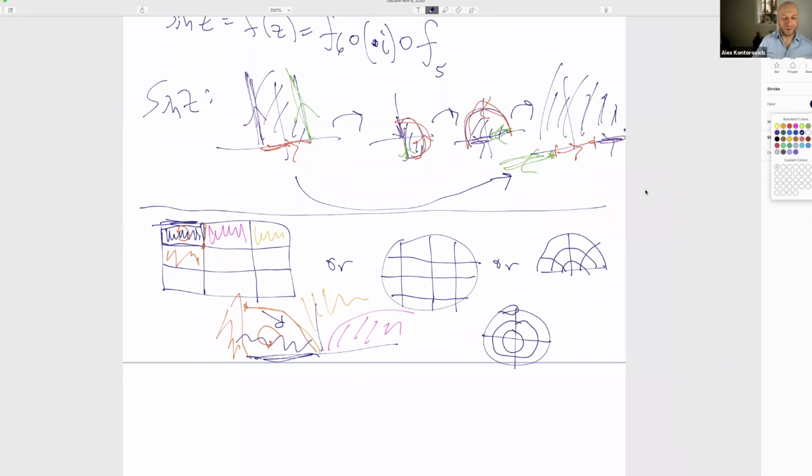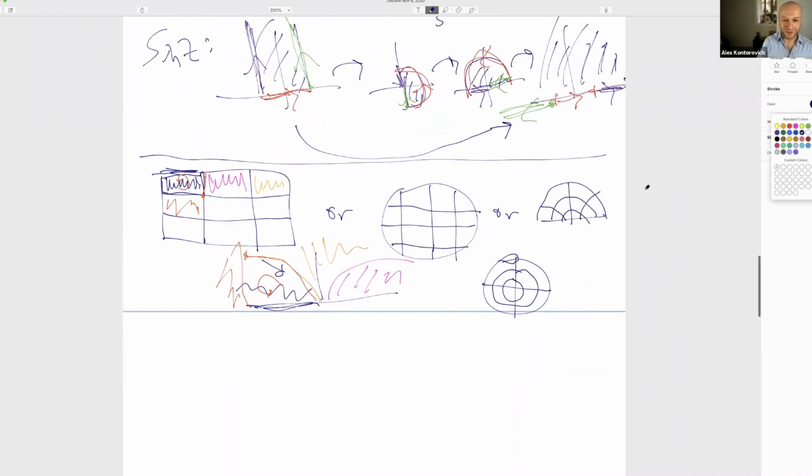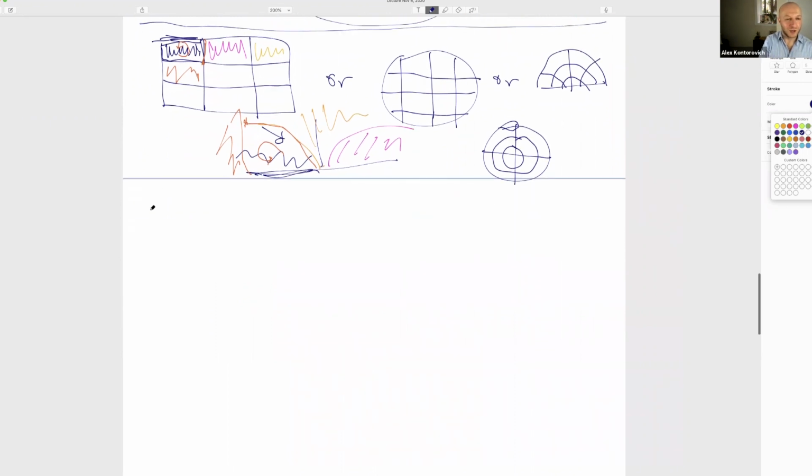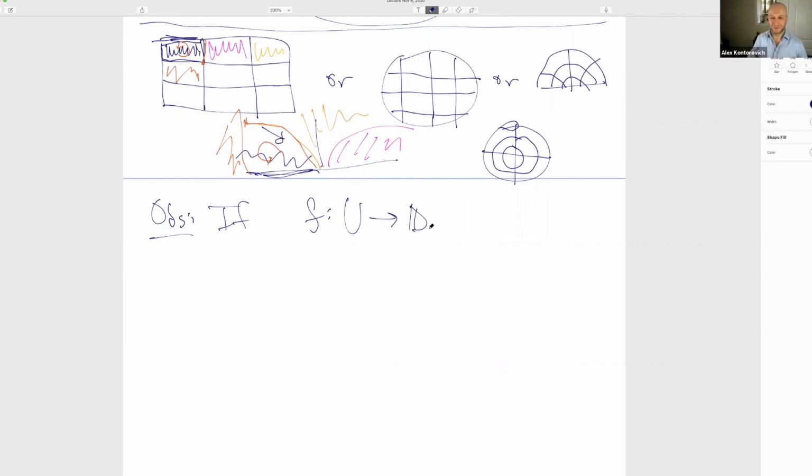So we've been having fun with these maps, and now let's get a little more serious. So here's the observation. If we have a map F from, let's say, U to the disk, just to pick some concrete place to work, are there other conformal maps?